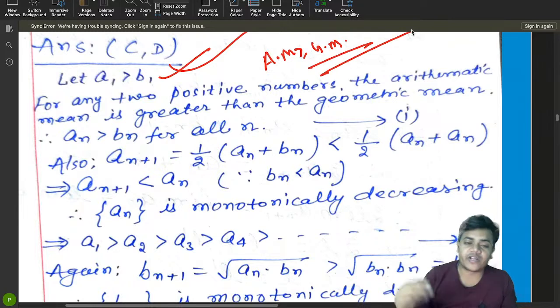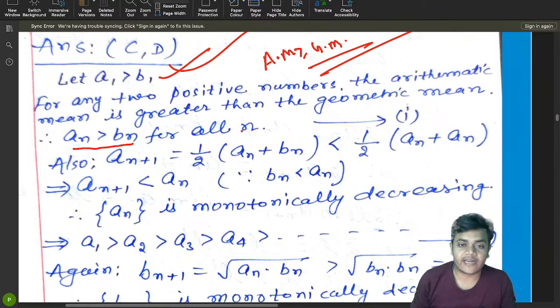Okay, and we had already taken a1 strictly greater than b1, and by using this we can say an is strictly greater than bn for all n.